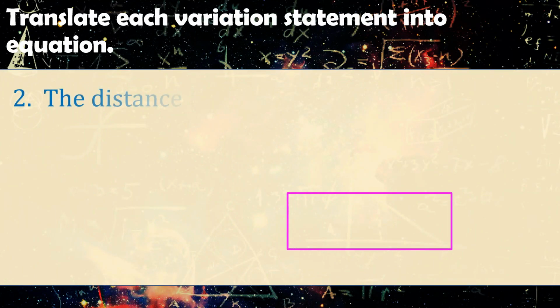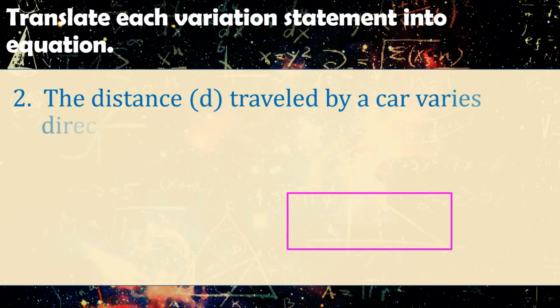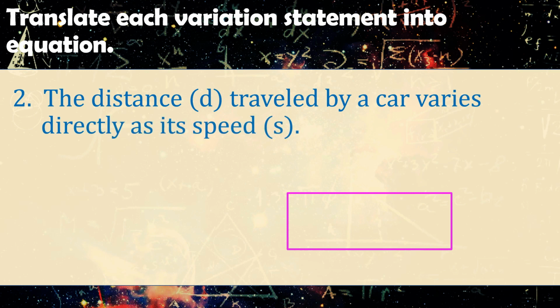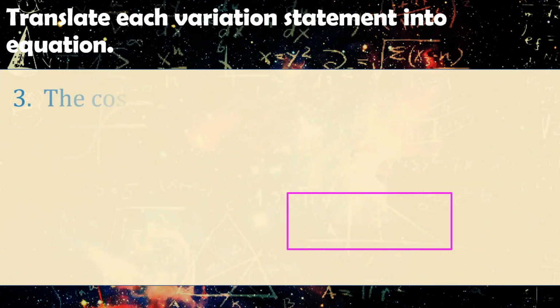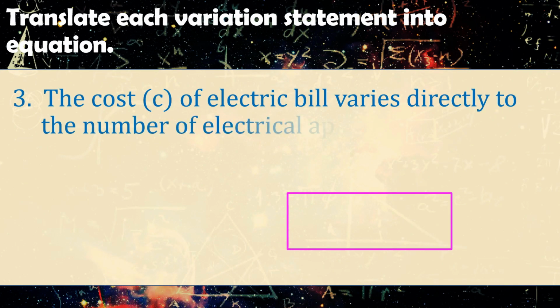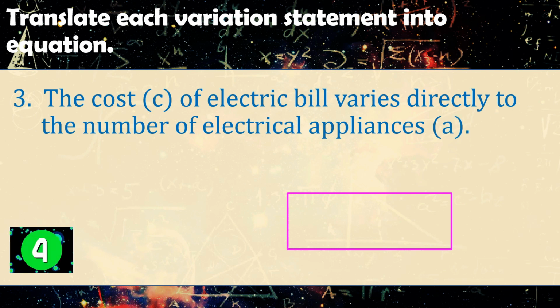Number 2. The distance D traveled by a car varies directly as its speed S. You're also correct. The answer is D is equal to K times S. Number 3. The cost C of electric bill varies directly to the number of electrical appliances A. You've got it right.